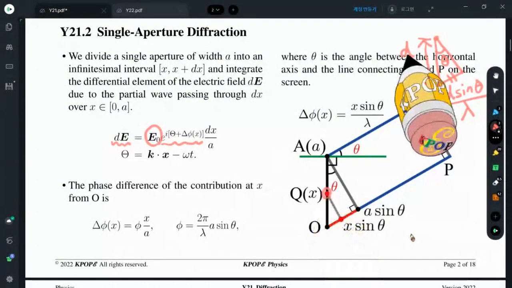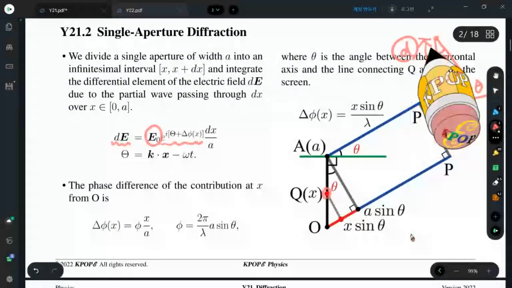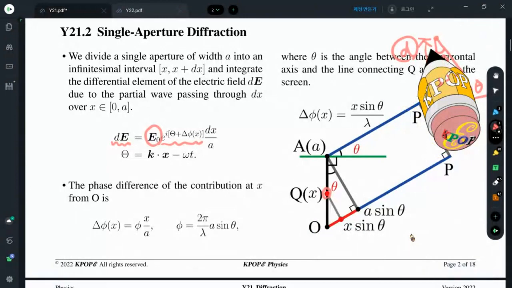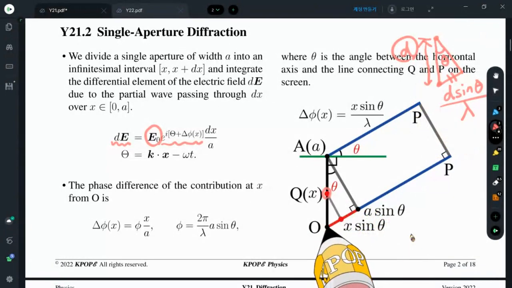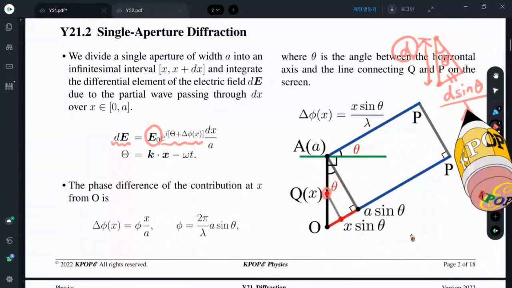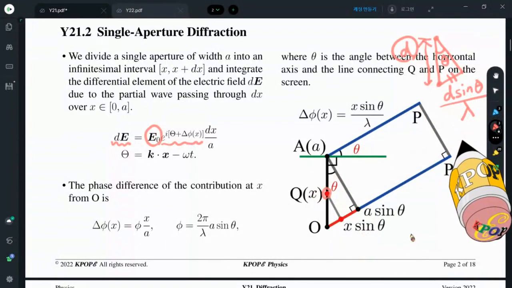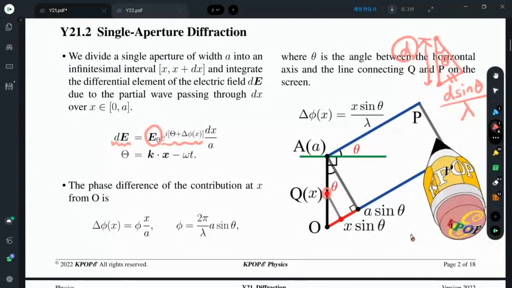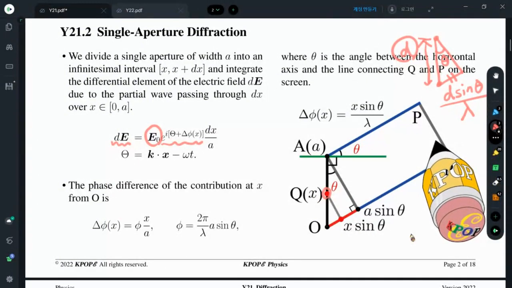In here, this d becomes a variable x that runs from 0 to a. So there is no big difference between the analysis of a single aperture diffraction and two aperture diffraction, the double slit experiment.